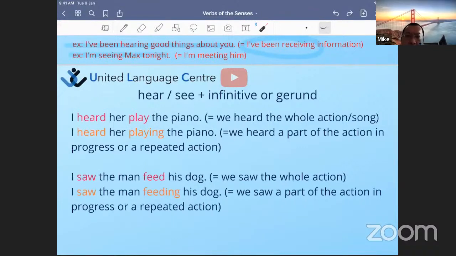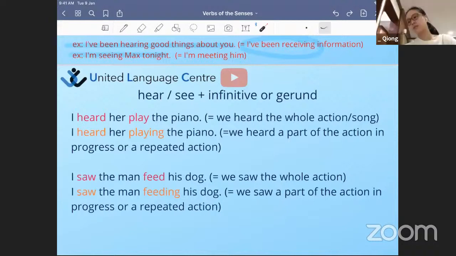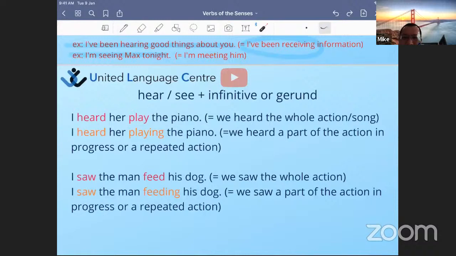So that's action. Only action. Feeding, -ing is an action. Yeah, it's continuous action. Well, play is also an action. It's just that play is the whole thing. It's a long period action, a longer action, a whole action.